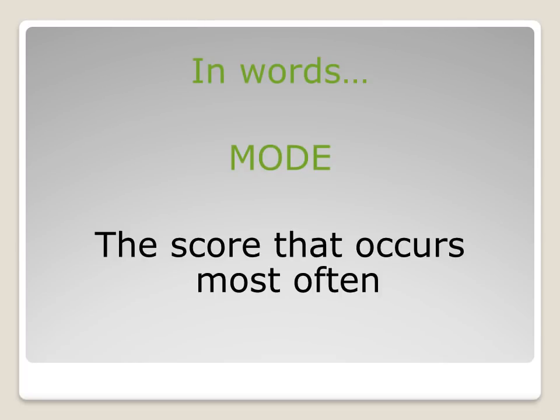We can describe the center in terms of the mean, we can describe the distribution in terms of the median, and we can also describe the distribution in terms of the mode. And distributions might have vastly different mean, median, and mode depending on how those scores are distributed.